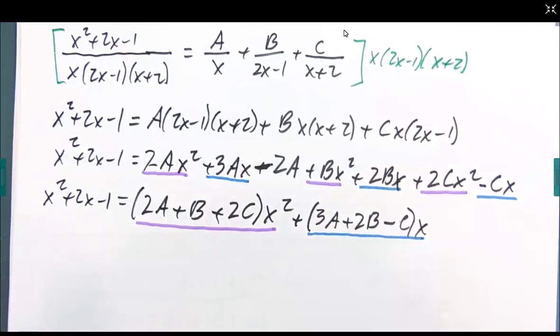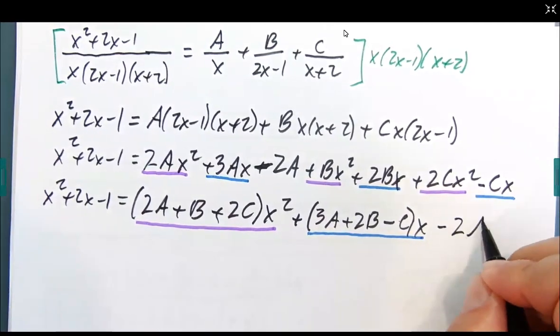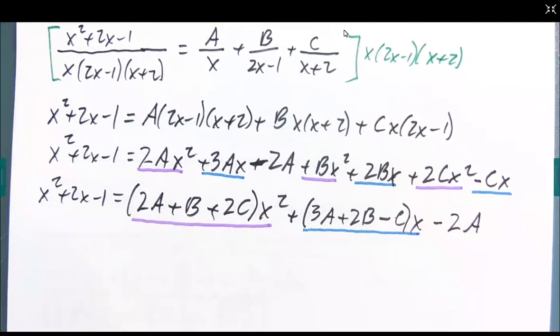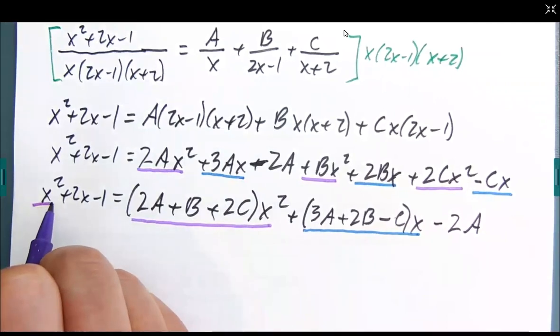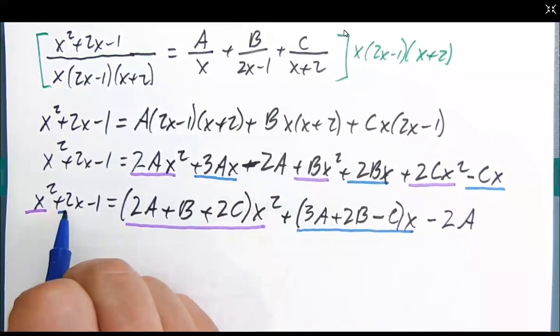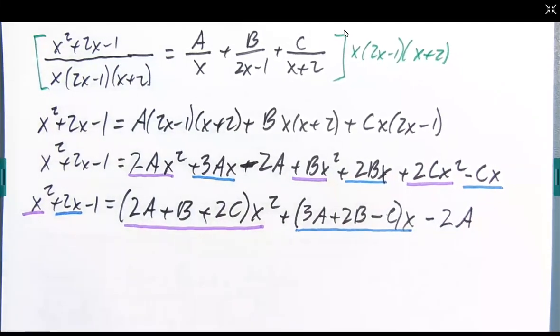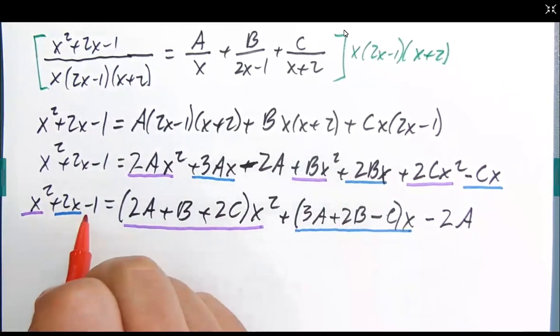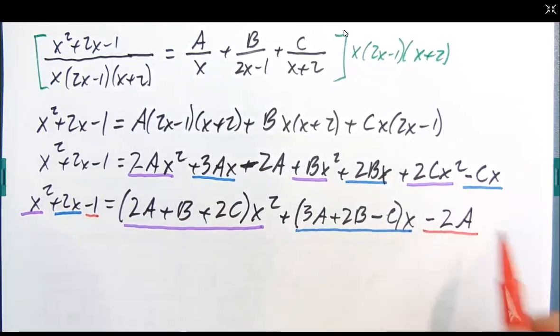And finally, we have minus 2a. And I want to associate this with the purple and this with the blue. And I will take this and associate it with the red.